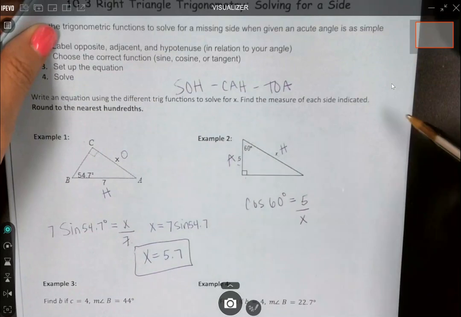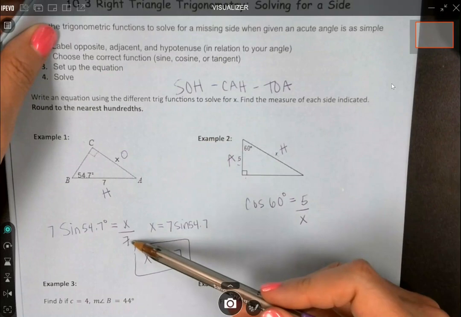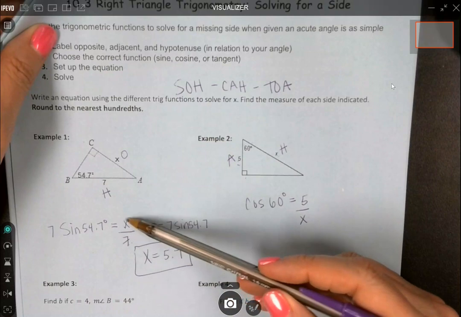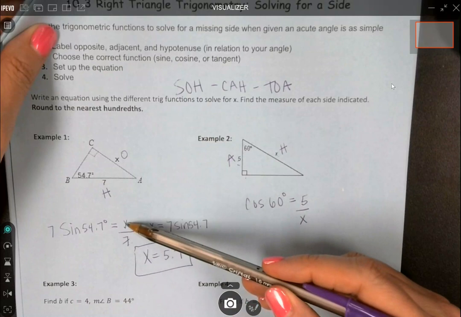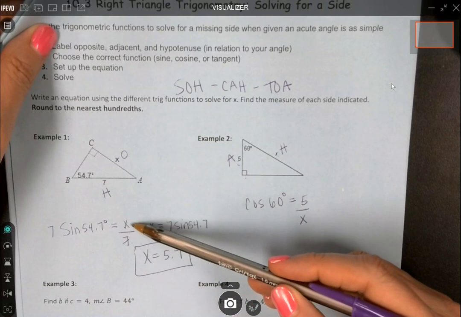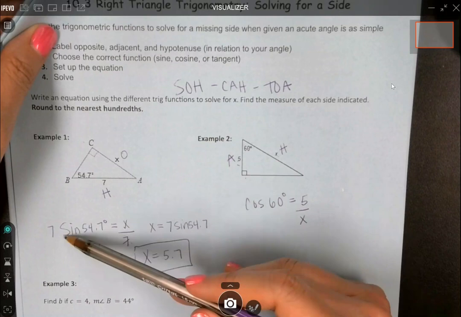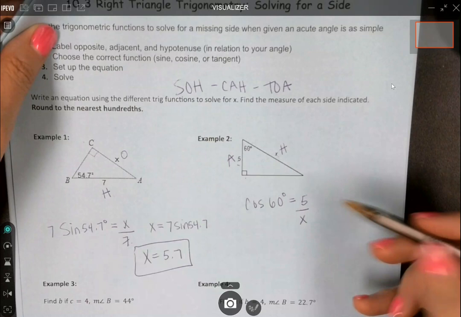Okay, I want you to notice that X is in the bottom here, where over here we had a 7 in the bottom and X on top. So you have to look very carefully at your ratio right here. If X is in the bottom, it's different than X in the top, okay? If X is in the top, I just have to multiply this 7 over. If X is in the bottom, we have to do some math.